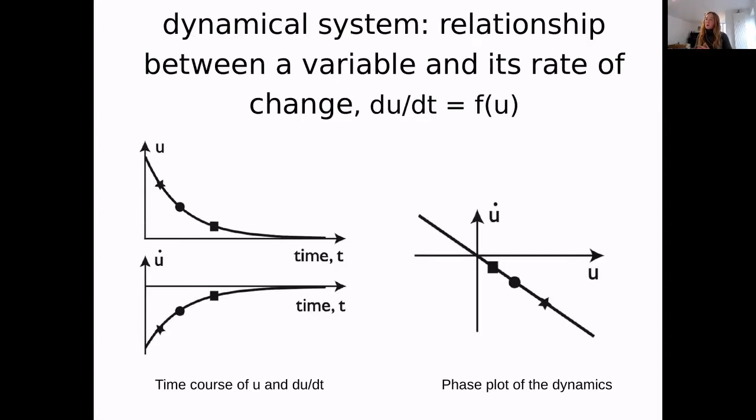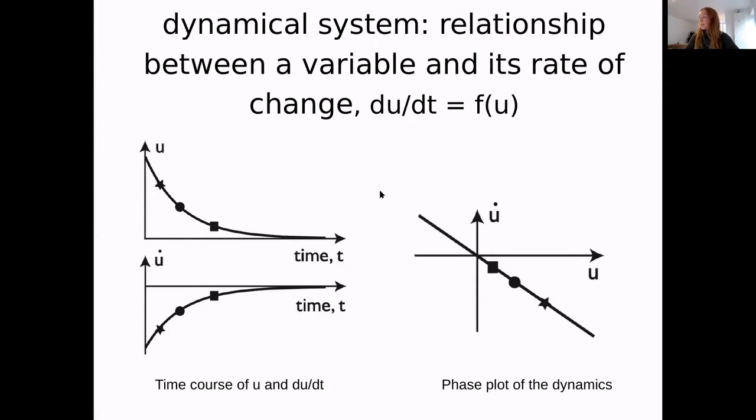And when we talk about dynamical systems, we often talk about the relationship between such a state and its rate of change. So the function I already mentioned, that the rate of change is defined by a function of the state itself. And here we have the time courses of the state and its derivative.